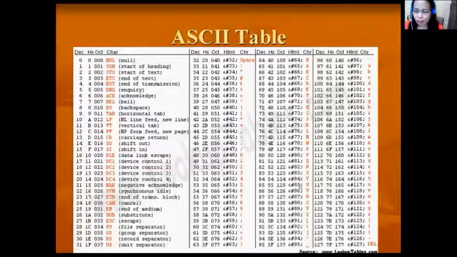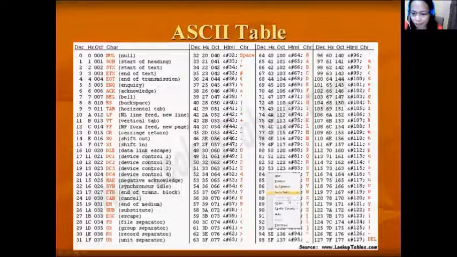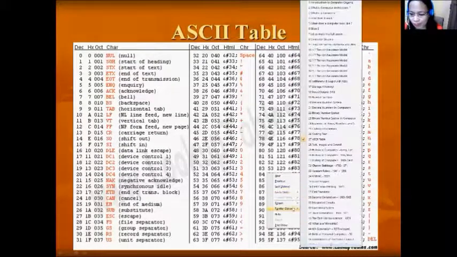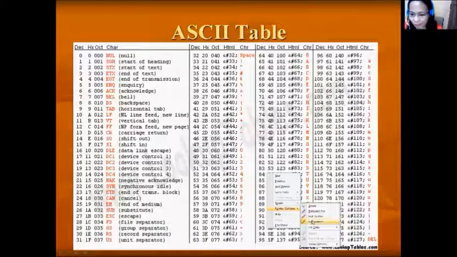Now, in my program, I want to restrict my input again. I want to use the format of numbers only. So for the numbers 0 to 9, I'm going to call the key ASCII values of 48 and 57. Okay? So that's how you read the key ASCII.